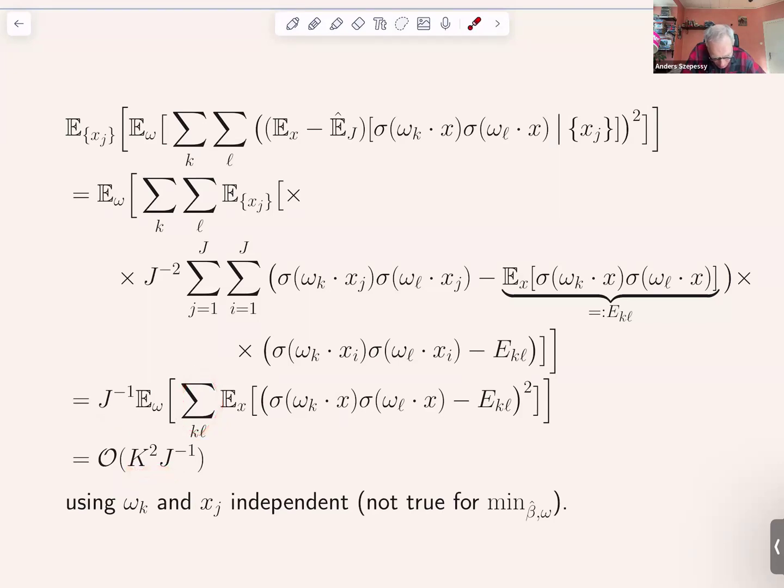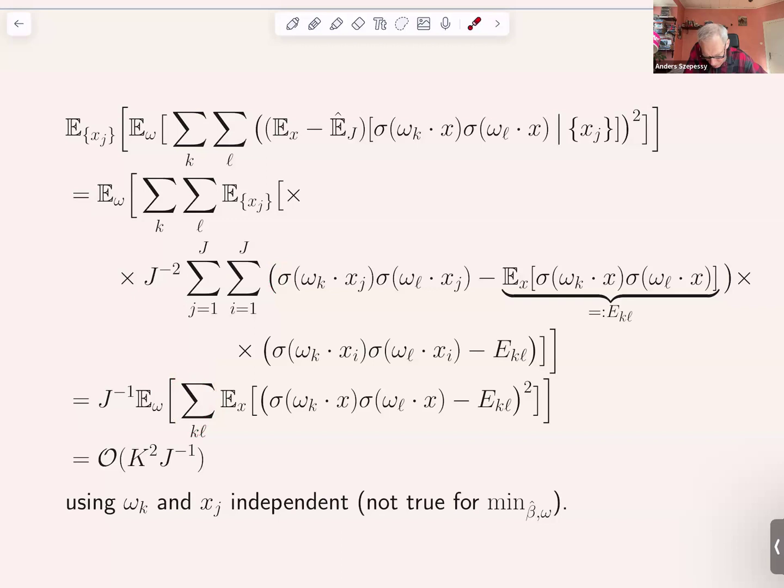And the important thing we have been using here is that the data points xj and the frequencies are independent. So here omega k does not depend on data points. This is used in the cancellation we obtain here. This is true for random features because the omega are supposed to be sampled independently.